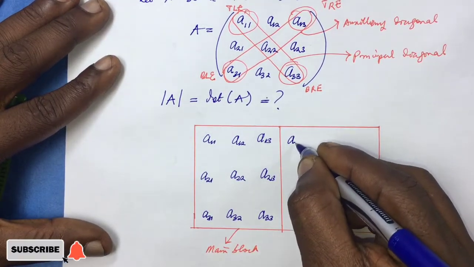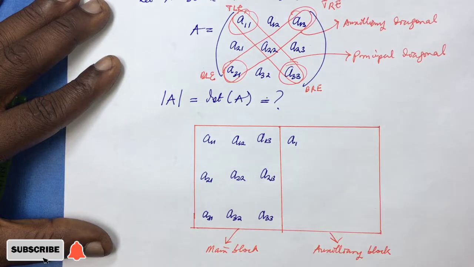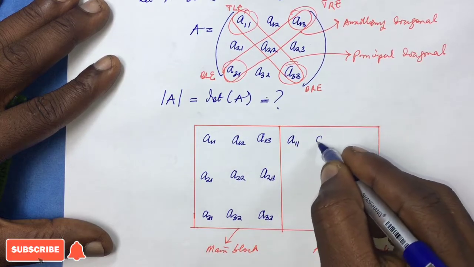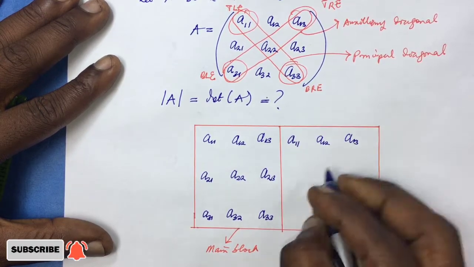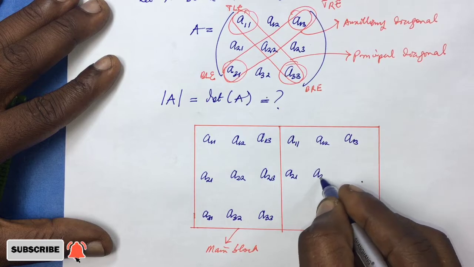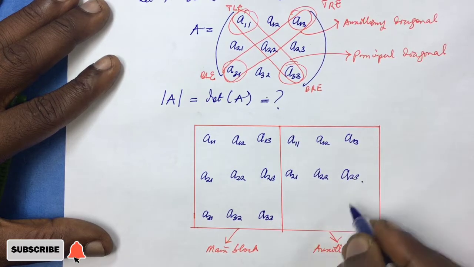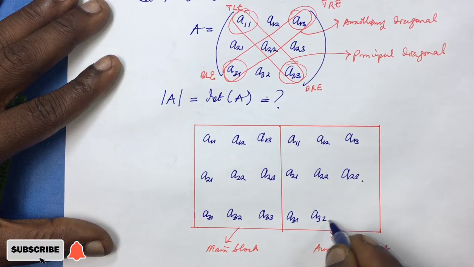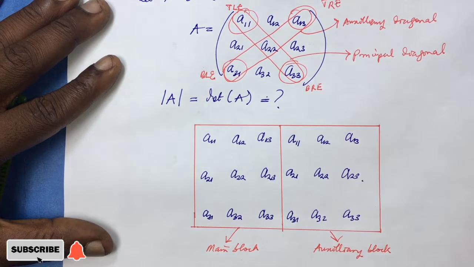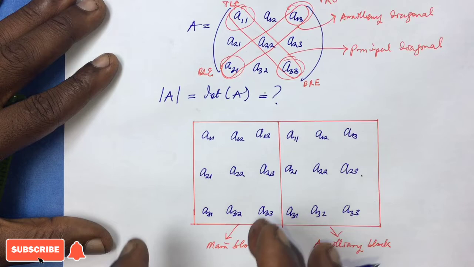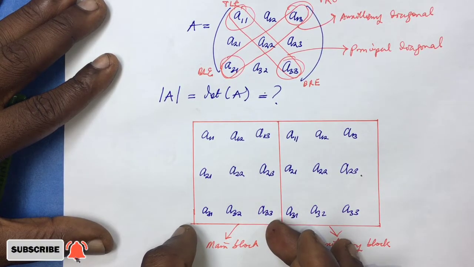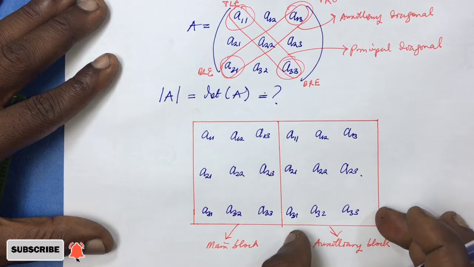Then bring all the elements again, the way they are in the 3 by 3 matrix, and repeat them in the auxiliary block. So I bring A11, A12, A13, A21, A22, A23, and A31, A32, A33. Notice that I am repeating the elements as they are in the matrix in the two blocks. One set will be in the main block, and the other one in the auxiliary block.